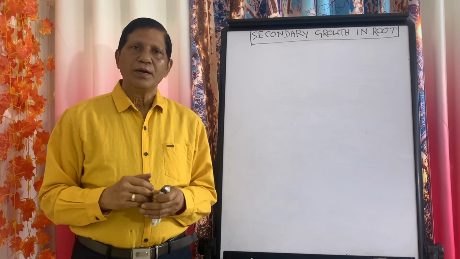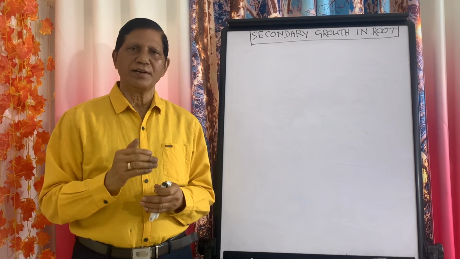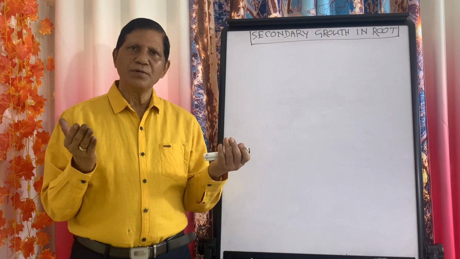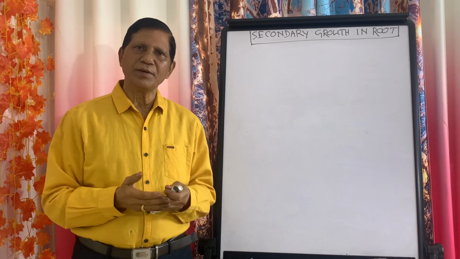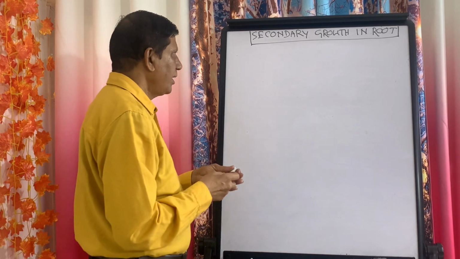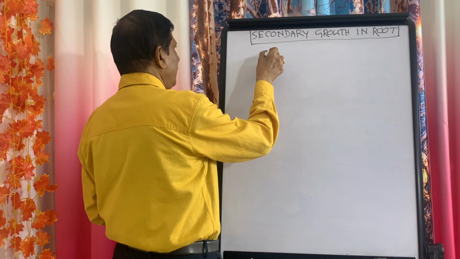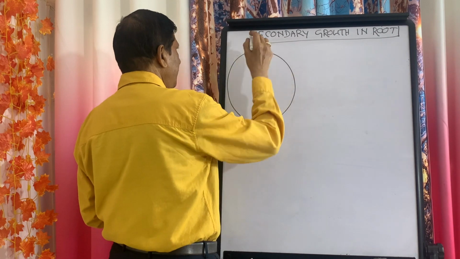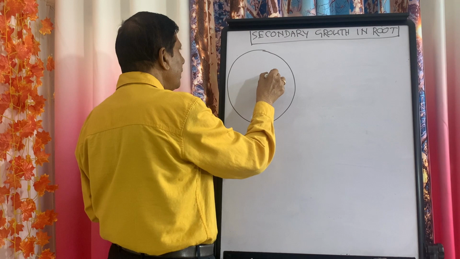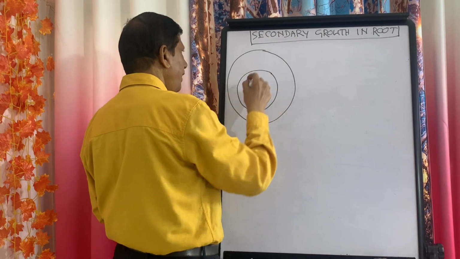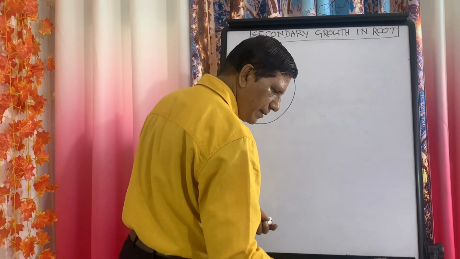But how this secondary growth takes place in case of roots is again very interesting because there is no cambium and the vascular bundles are radial. So how it is taking place, let us discuss. Usually in case of root, this is the outline of the root and this is the inner part, that means the endodermis and pericycle is there.